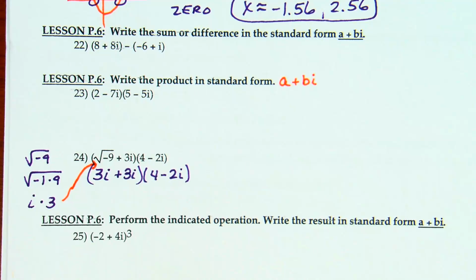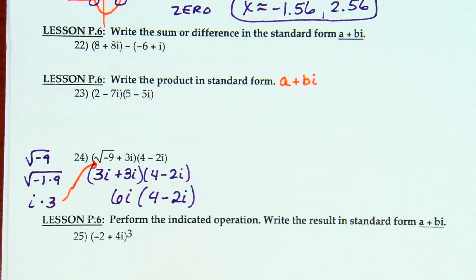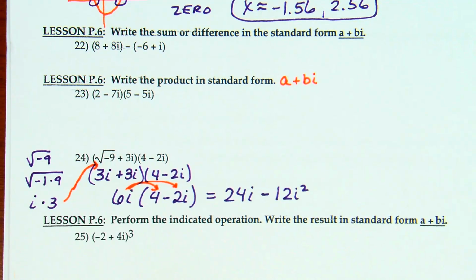And if I do 6i times 4 minus 2i, that means I'm going to distribute. So, 24i minus 6i times 2i. 6 times 2 is 12. i times i is i squared. What can we not leave in our answer here? Yeah, what do we know about i squared?